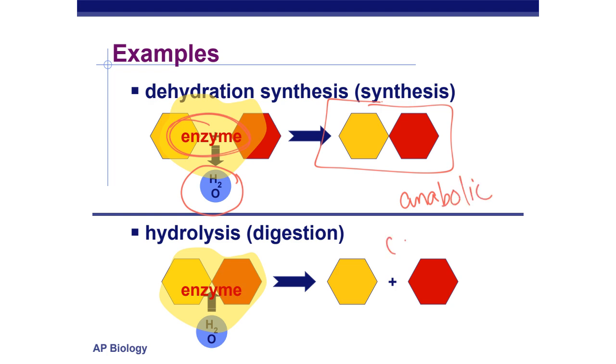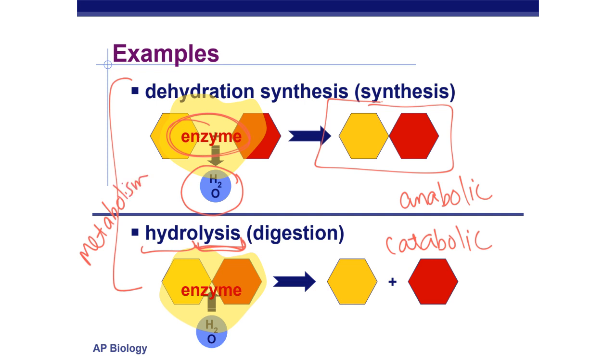Enzymes also can participate in these catabolic reactions. The example, remember, the hydrolysis: I add the water to break, lysis is break, using an enzyme to help control this reaction. And now I end up with two monomers here. Together, all these types of reactions are going to be our metabolism, our building up and breaking down reactions all put together.